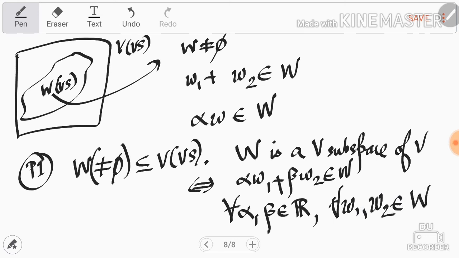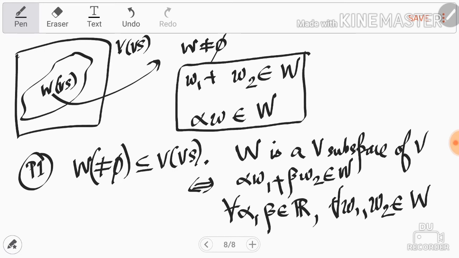This is nothing new, because it's basically a combination of these two properties. They're just fused.